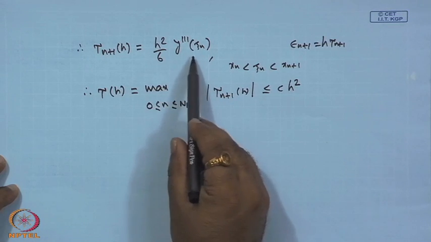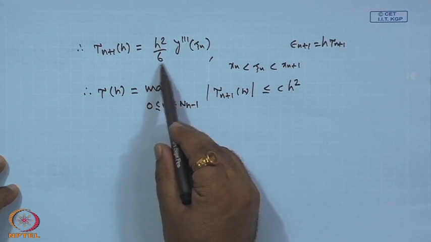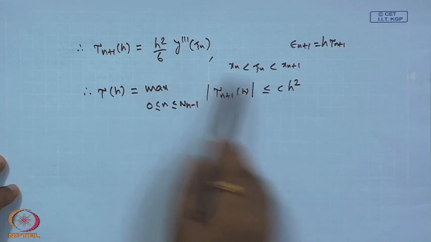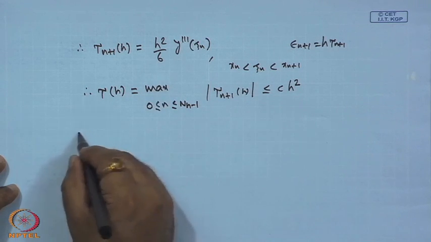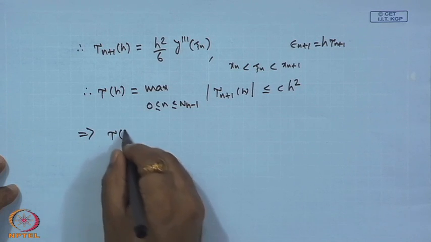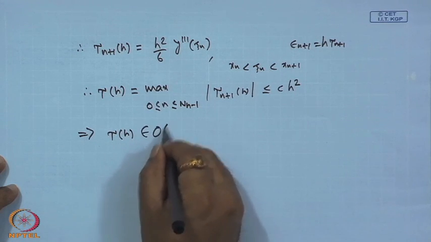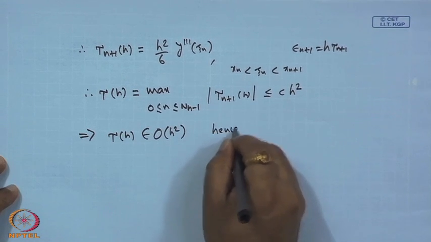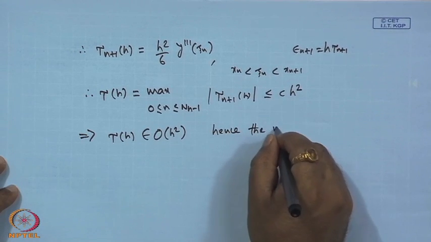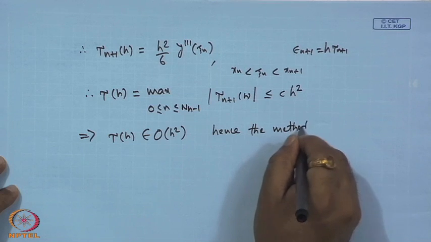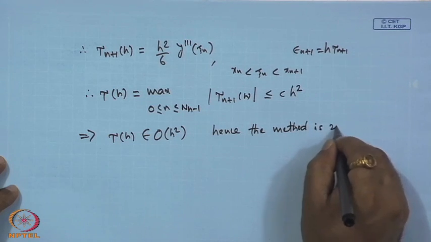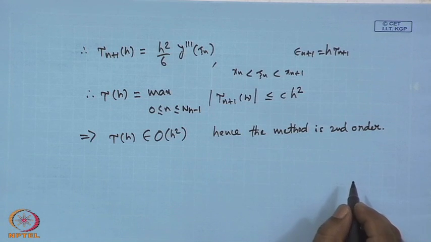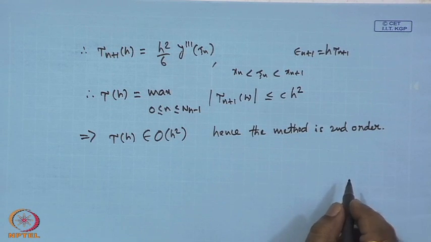So, we can get a constant, and that together with 1 over 6 we can get some constant, and it behaves like this. So, this implies, hence the method is, yes, you are right, hence the method is second order.